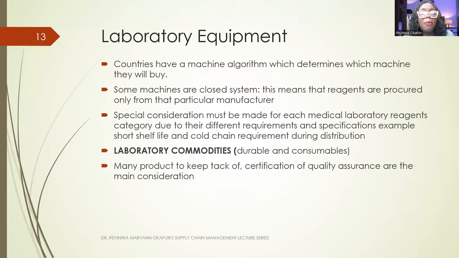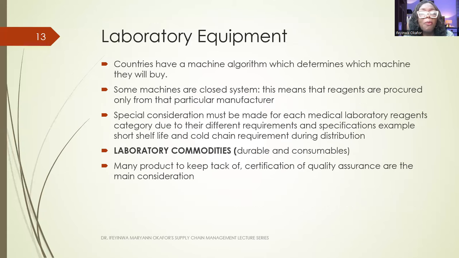This means that reagents are procured only from that particular manufacturer, like I said earlier. You need to consider these laboratory specifications and confirm them from your clients before you go ahead to procure. Do you want closed system or open system? Some machines are closed system. What this means is that reagents are procured only from that particular manufacturer.